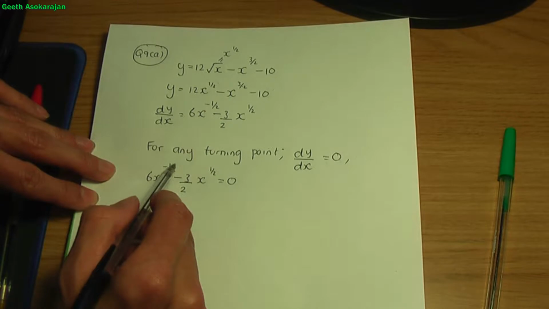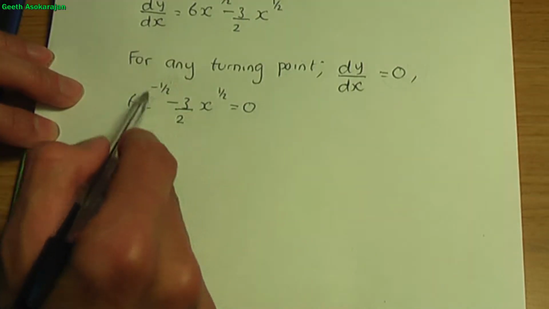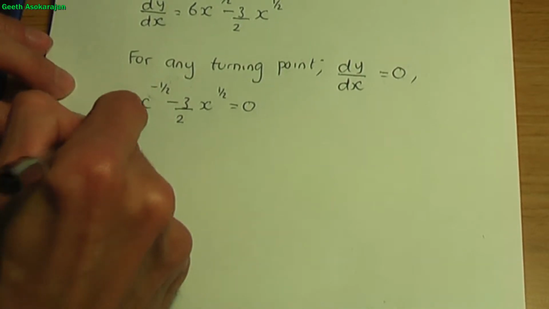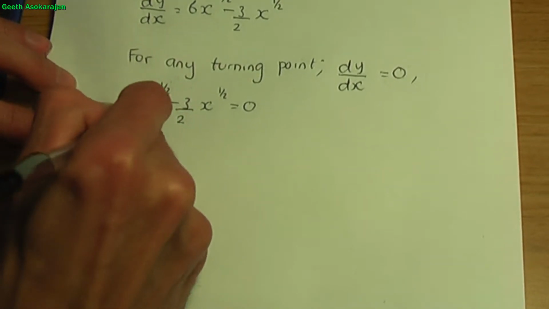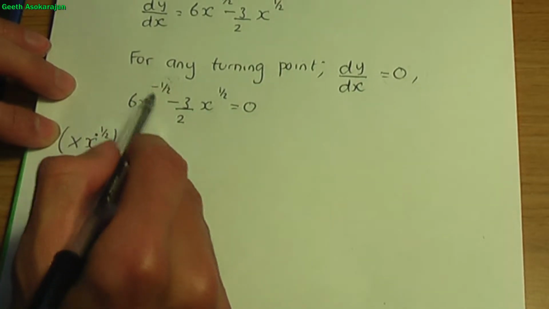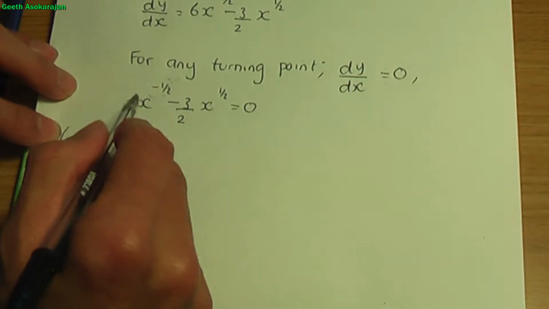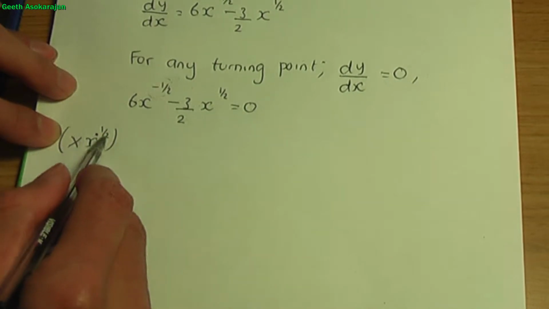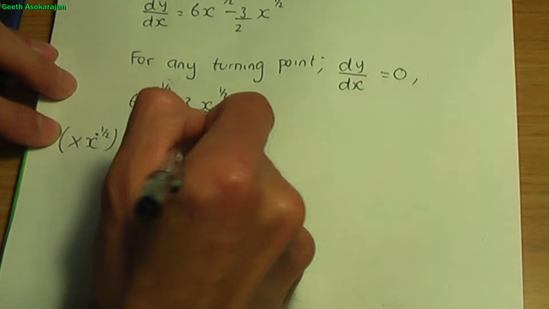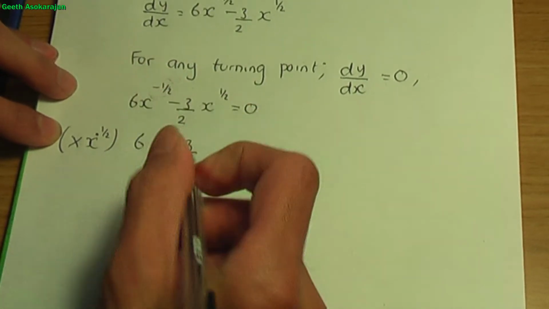What we can do is, I don't like negative powers, negative half powers. Let's get rid of them. So let's multiply the entire equation by x to the power plus half. So if I multiply throughout by x to the power plus half, I'll get 6 minus 3 over 2.